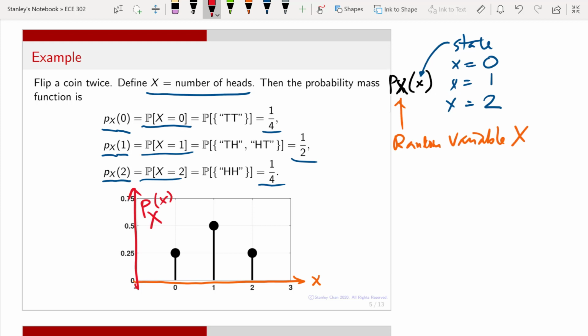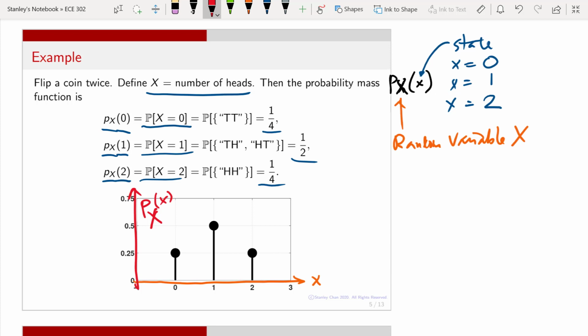And certainly, I'm talking about this big random variable, big X. And this is the random variable that you're talking about. This diagram, 1/4, 1/2, and 1/4, is the probability mass function of the random variable X. It has three states: state 0, state 1, state 2.